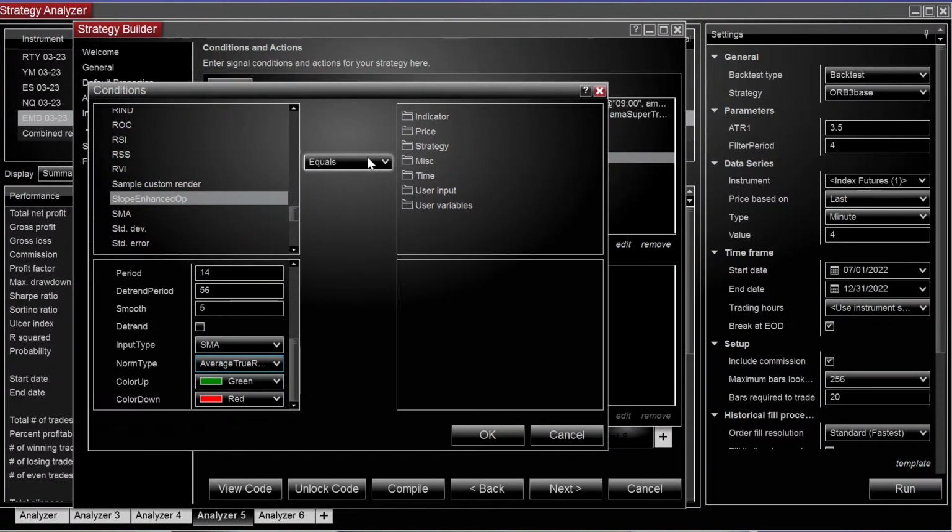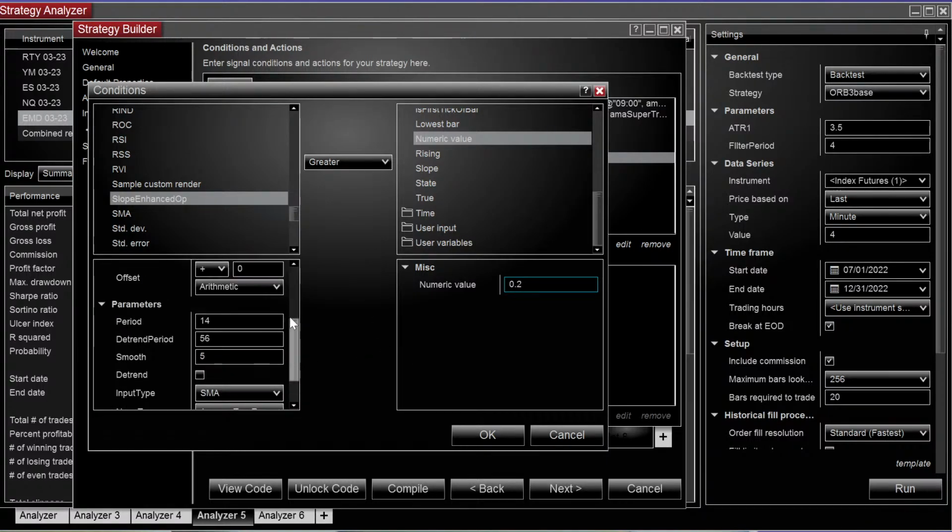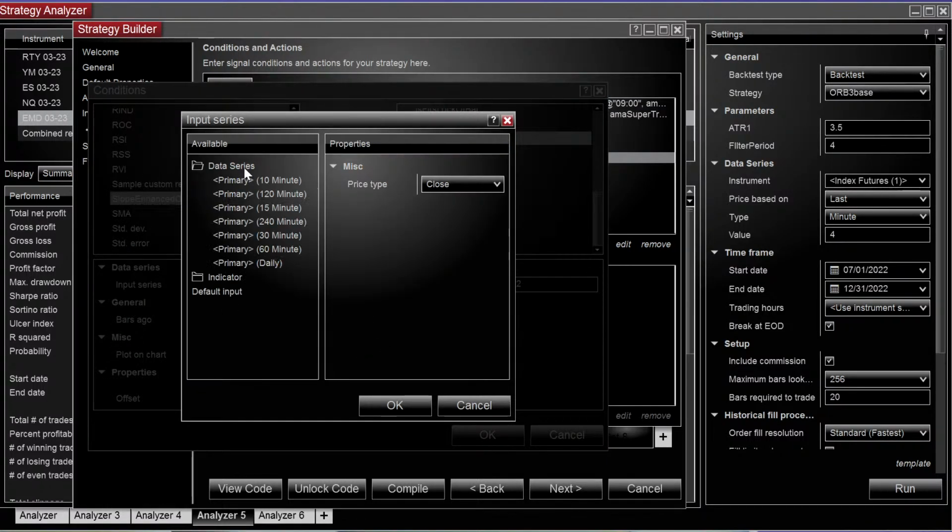And we're going to start off with greater than 0.2. And we're going to start off with the daily chart. So price close.